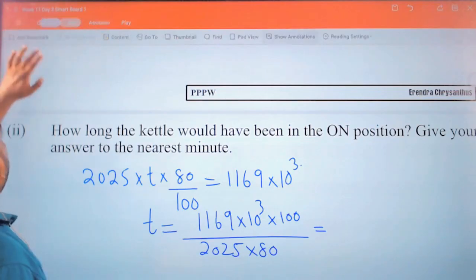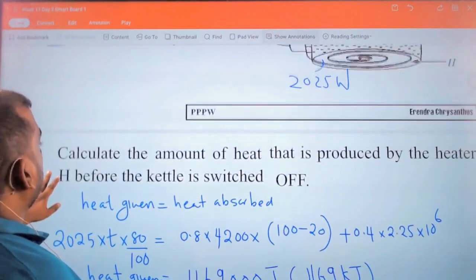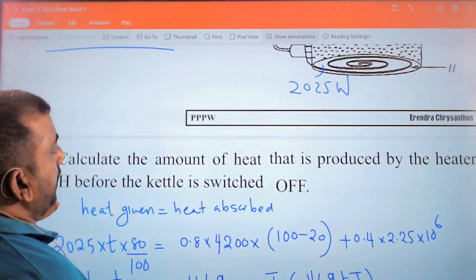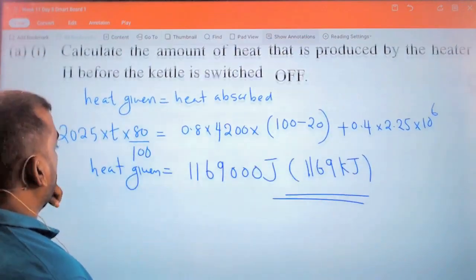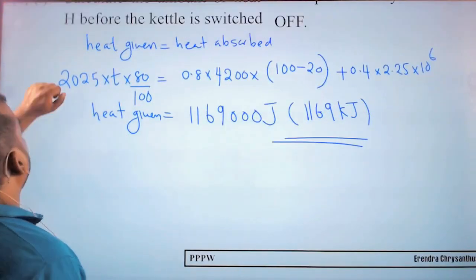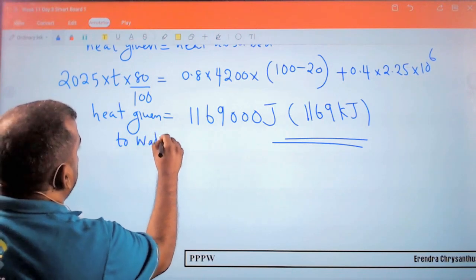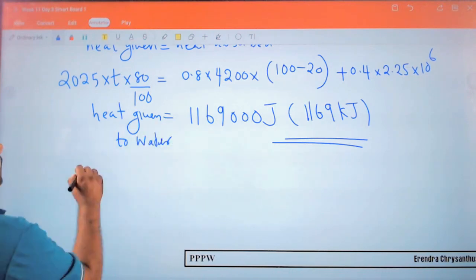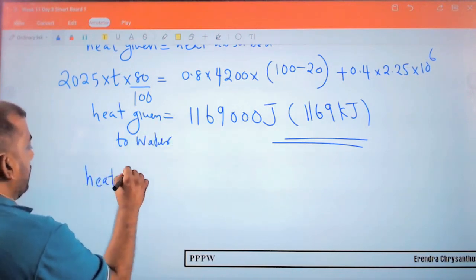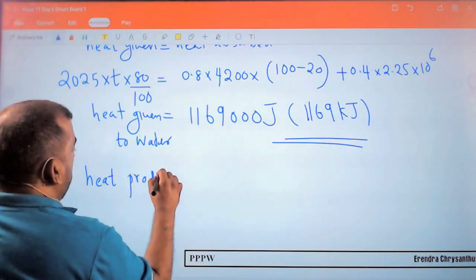But give me a second, what are they asking you here? Heat that is produced by the heater. Oh. Heat given to water. Heat given to water is so much. Heat produced by the heater.